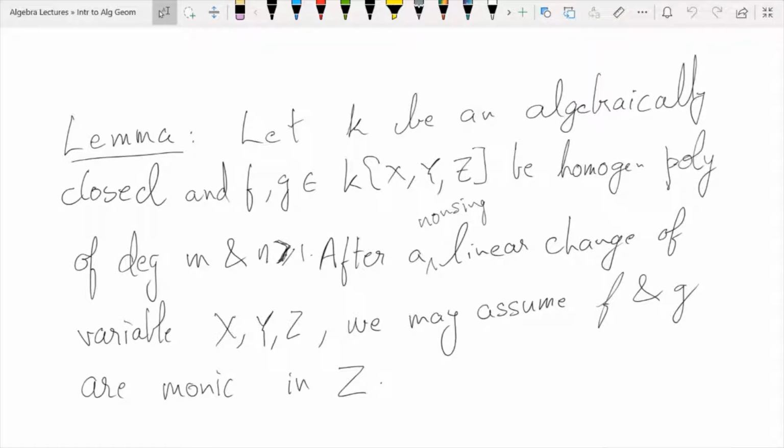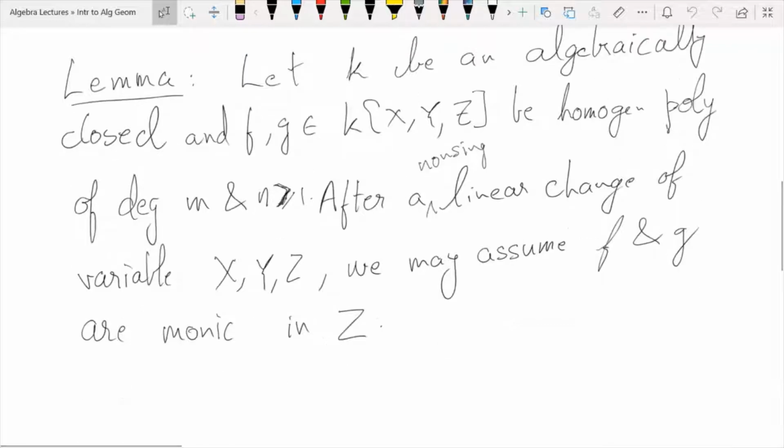the zero locus of f does not contain the point 0, 0, 1 of P2. So we just have to do some linear change in x, y, and z to make sure this point does not belong to the zero locus of f times g, if you like.